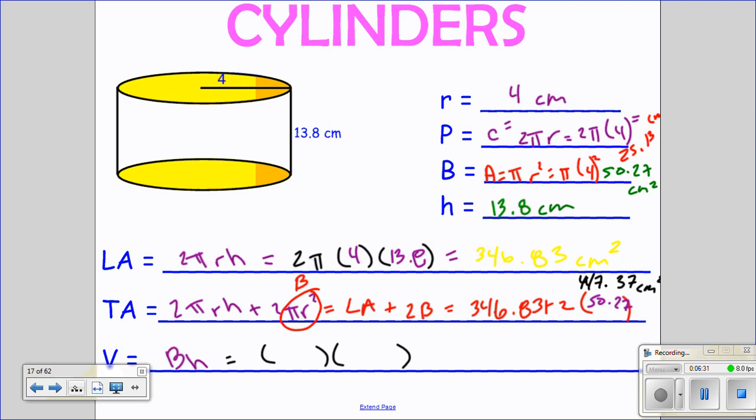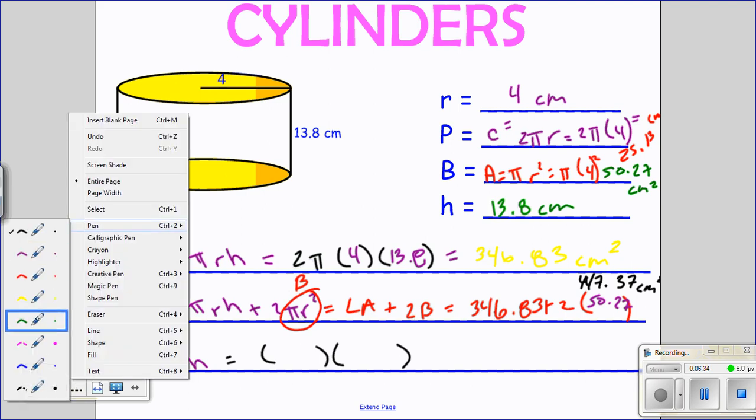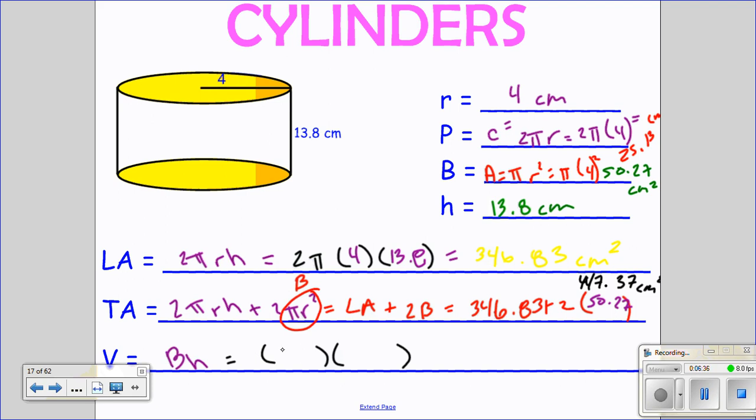And now for our volume, it's our base area times our height. Our base area was 50.27. Our height was 13.8.